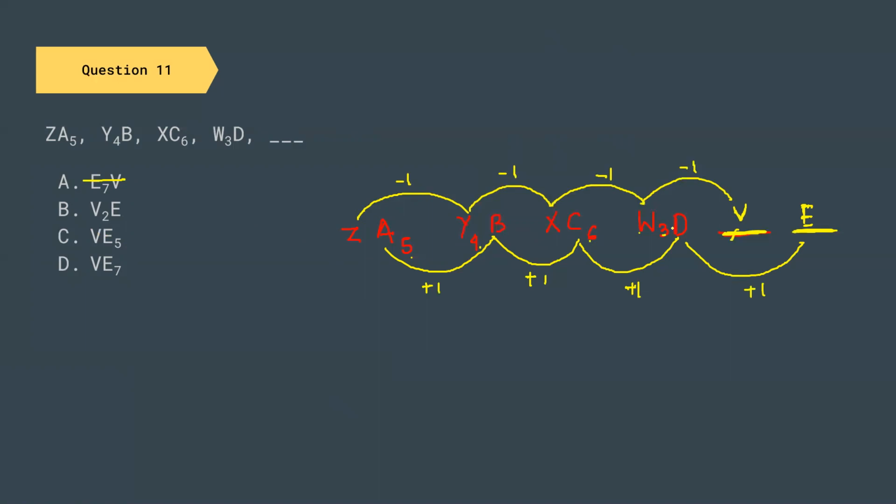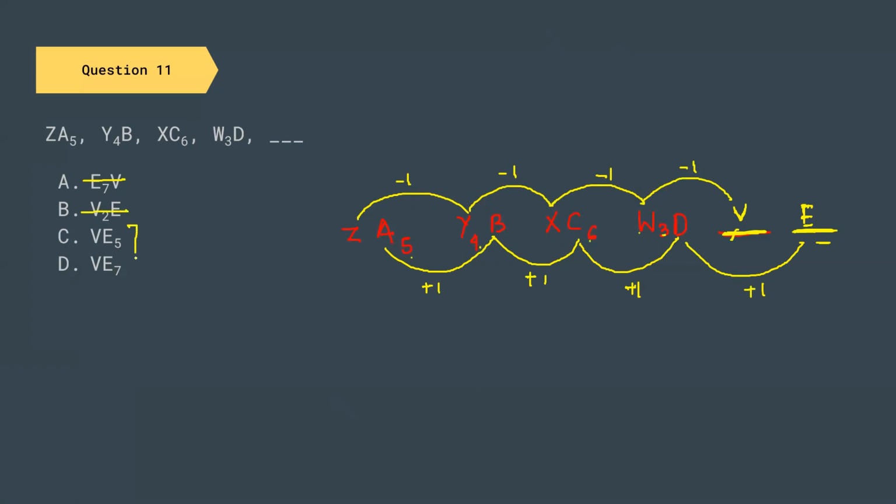So it is viable to assume that whatever number there will be, it will come here in the second letter. So there will be no number in the first letter. So this can be eliminated.